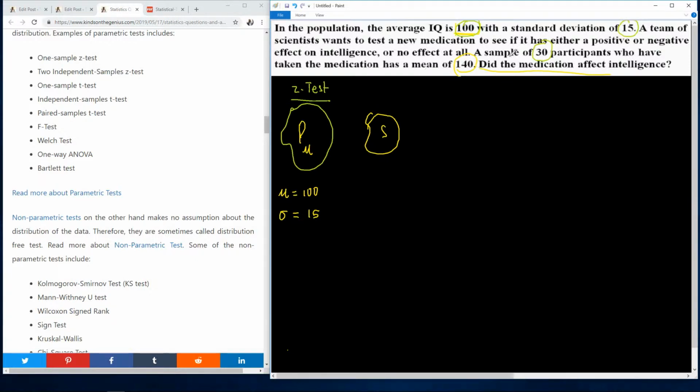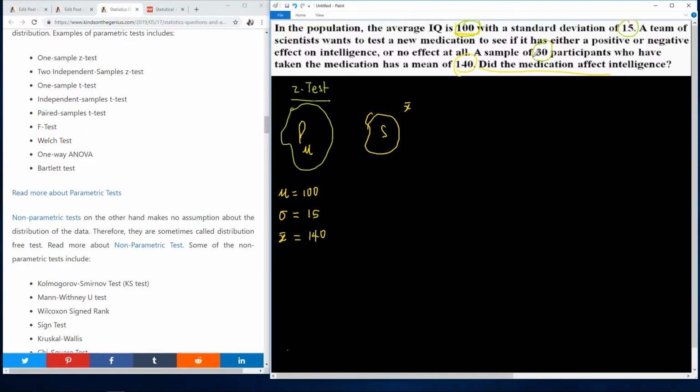So they now carry out an experiment by doing a medication and want to test whether the average IQ is actually 100. So when they do this test, they come out with a sample mean. So the sample mean they have, which is mentioned here, is 140.